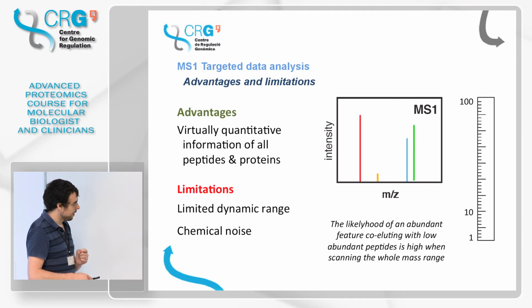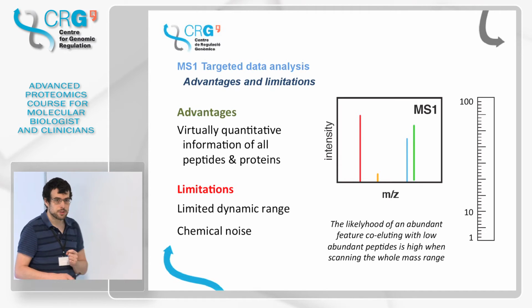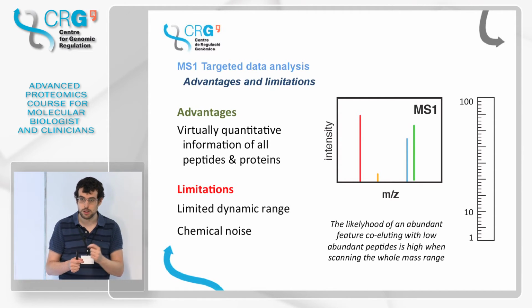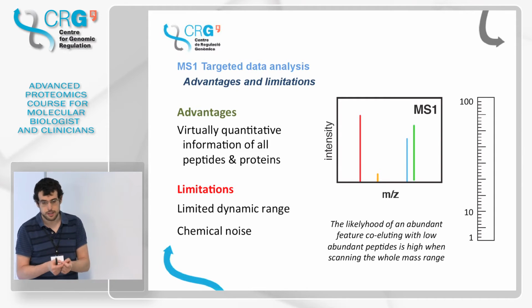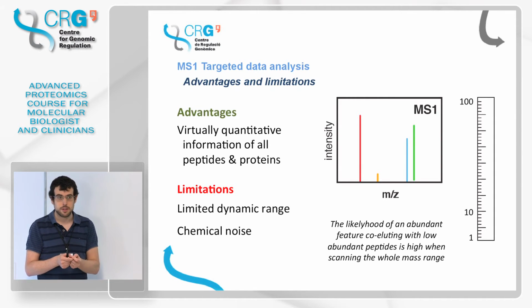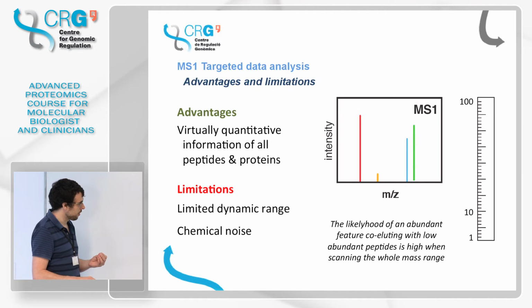And the other thing is linear dynamic range. Mass spectrometers, as you know, are very sensitive, so we can measure things even at the zeptomole level. But the question is how sensitive we are when this molecule is together with another very abundant molecule. Here is where the limitation comes, and this is what we call the limited dynamic range.